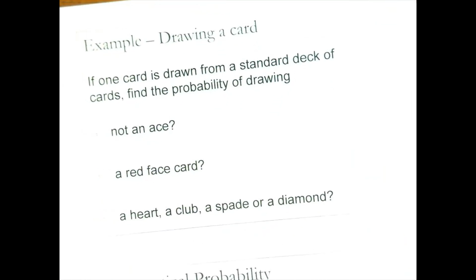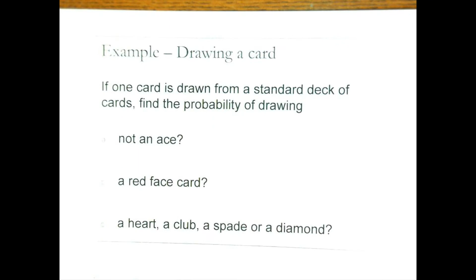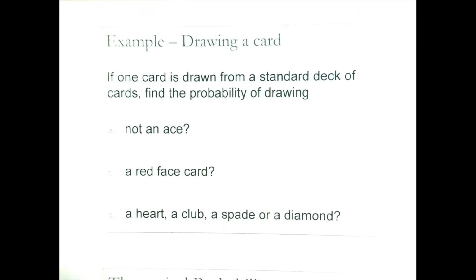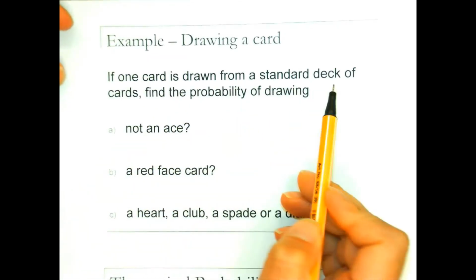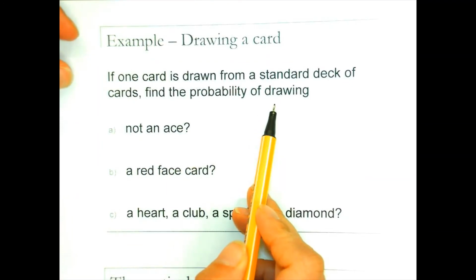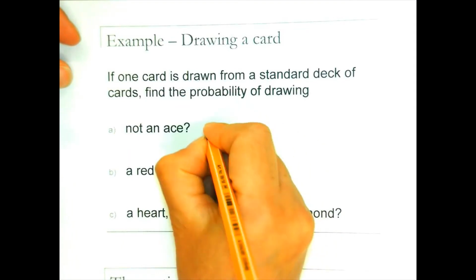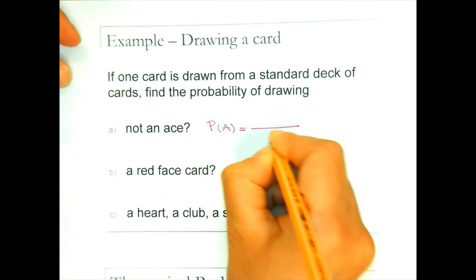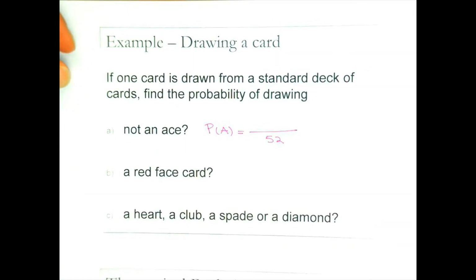Now we are going to continue with our examples with a deck of cards. So again, if one card is drawn from a standard deck of cards, find the probability of drawing not an ace. We have 52 cards, 4 of them are ace.